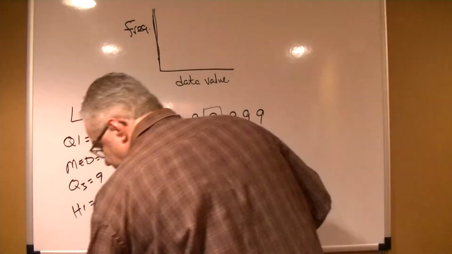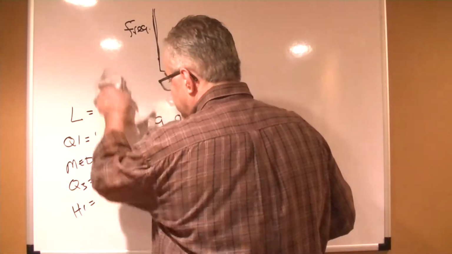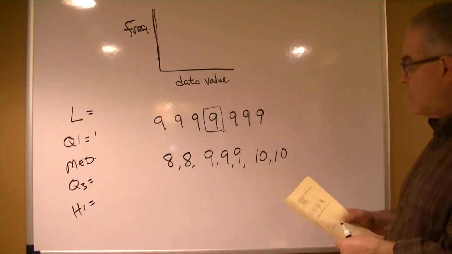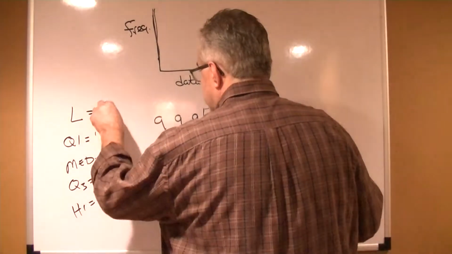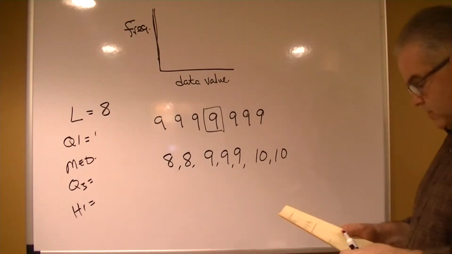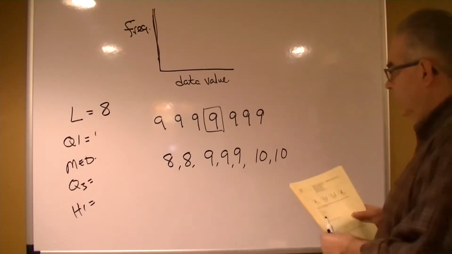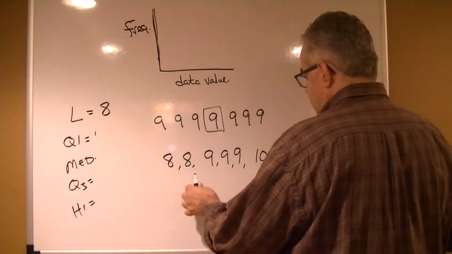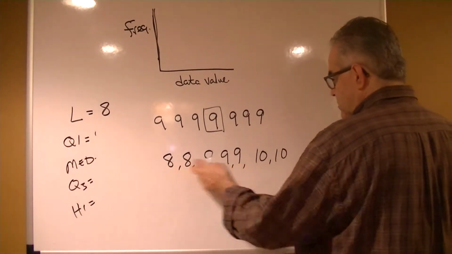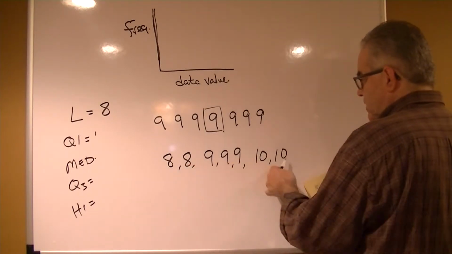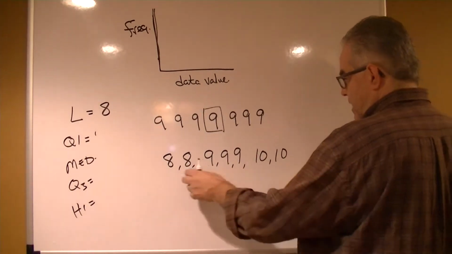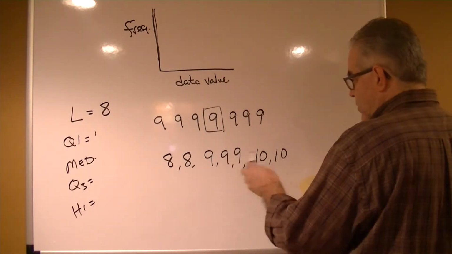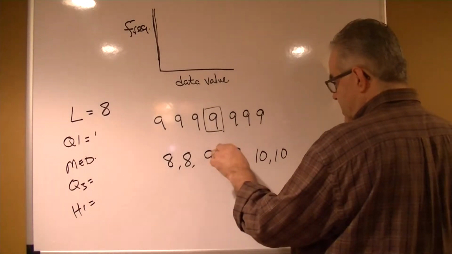I've got the same criteria. I'll get rid of these numbers here and use this for this set of numbers. What do we want? What's the low value? The low value is 8. What's Q1? Let's figure out what the median is first. They're in order from lowest to largest, and I've got 7 numbers again, and I want the one in the middle, which is this 9 here.